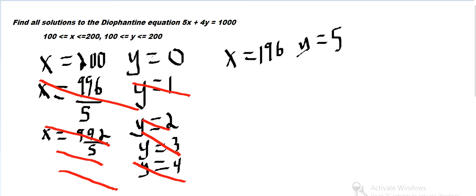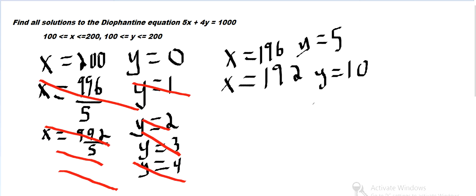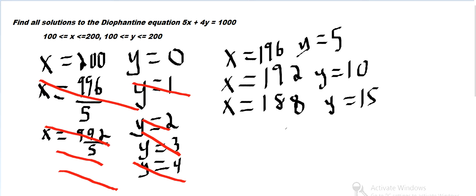And then if you notice, the y's will keep going up by 5 and the x's will go down by 4, so we'll get x equals 192, y equals 10, and then we can keep going, x equals 188, y equals 15, and down.